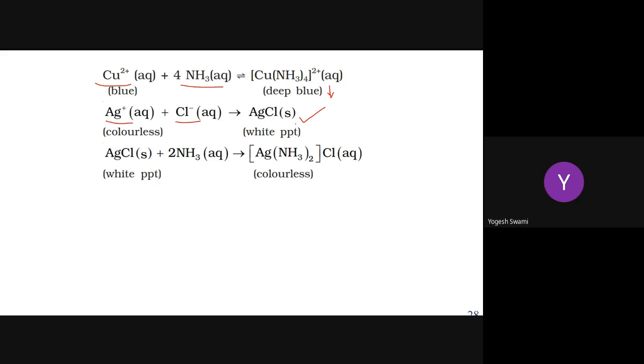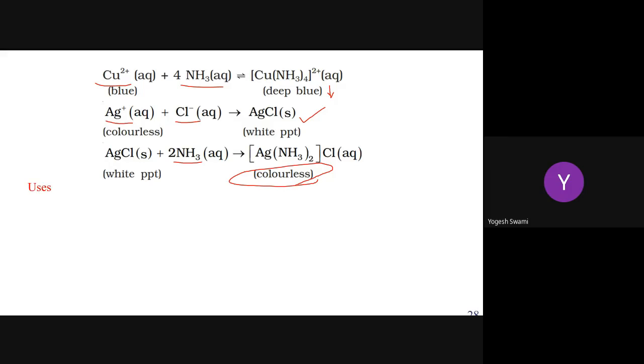That AgCl white PPT reacts with ammonia and converts into colorless PPT. Colorless PPT means that the PPT is dissolved, that is, now not visible. So these are also used in qualitative analysis for the copper ion and silver ion.